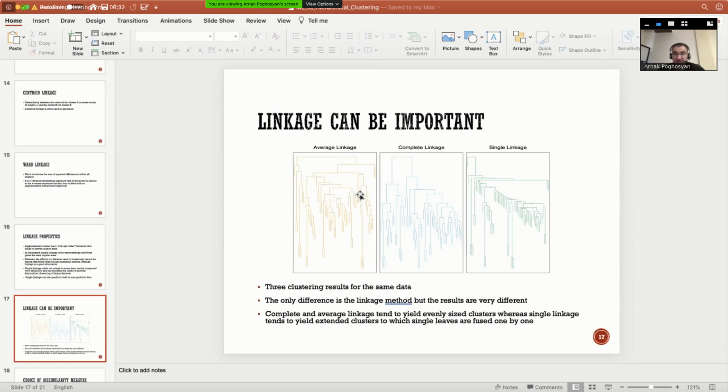When you have millions of different observations, you are unable to show all those observations in your picture. However, try to somehow come up with this visualization to see which linkage is the best.